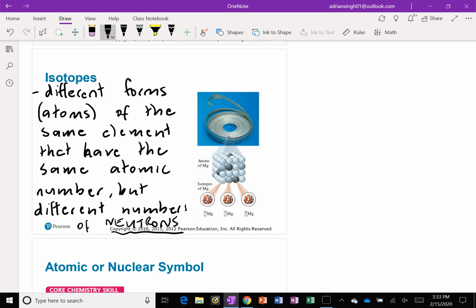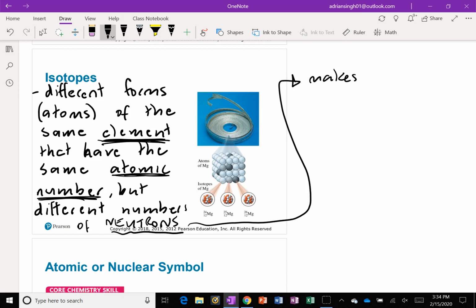Right, so the key thing here is that these are just different atoms of the same element. That means that they're going to have the same atomic number or number of protons, but the number of neutrons are different, which would make the mass number different for each of those isotopes.